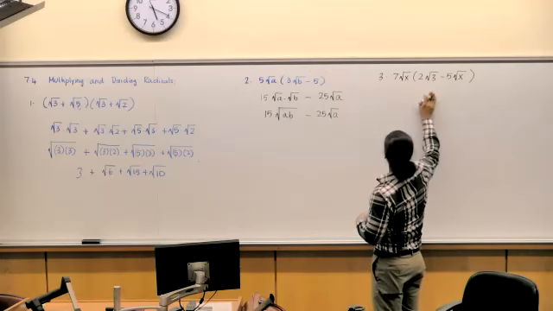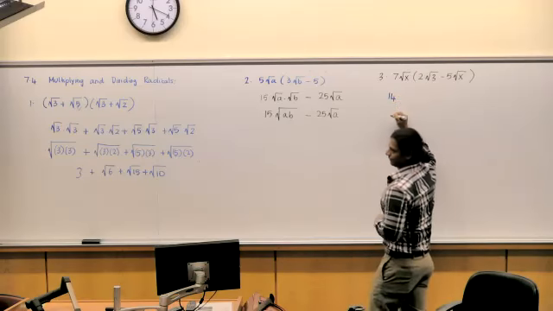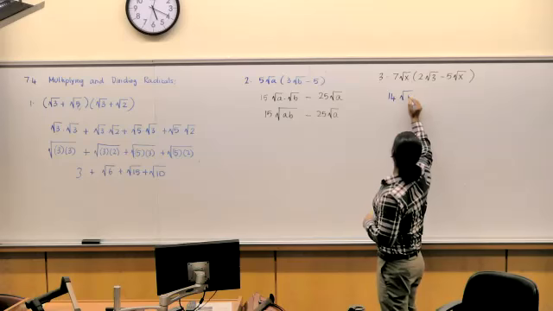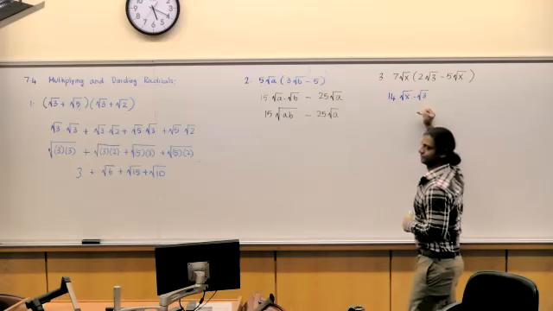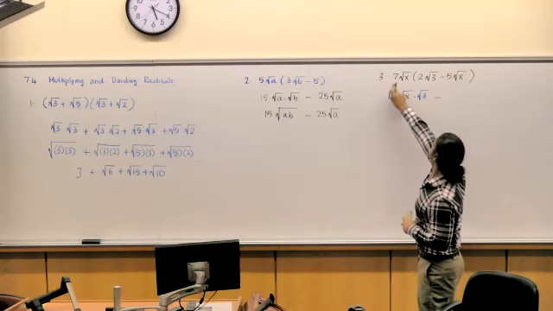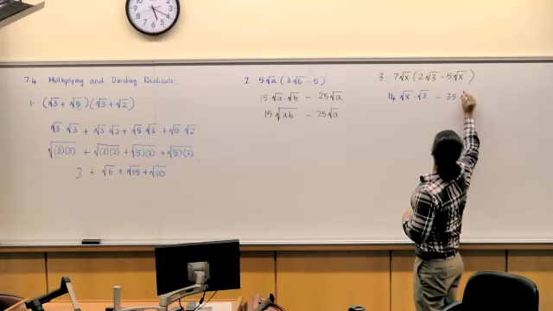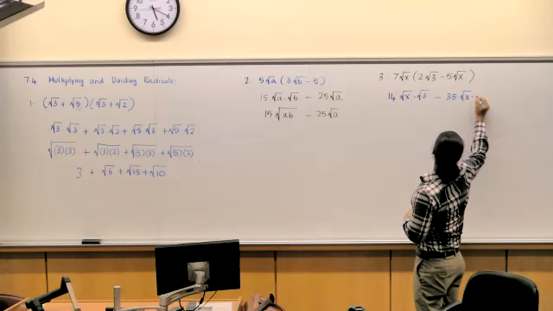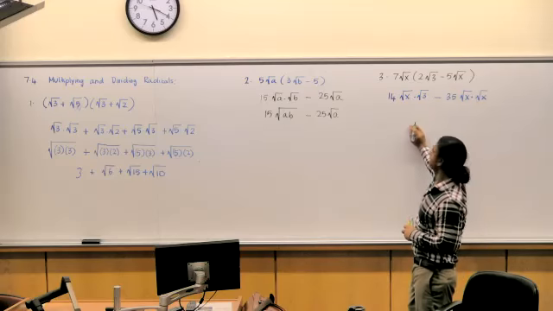So this should be 7 times 2, 14, square root of x times square root of 3, minus 7 times 5, 35, square root of x times square root of x. Good.